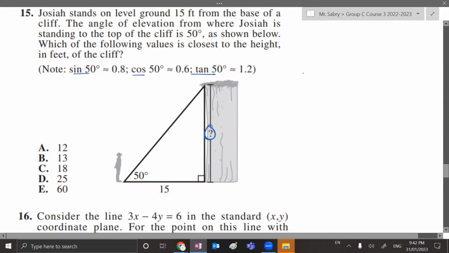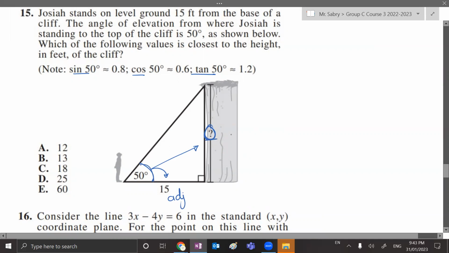I told you that before: whenever we have a right triangle and we're trying to link between angles and sides, then we have to use sine, cosine, and tan. So you ask yourself, what's the relationship between this angle given, 50, and the wanted, and the given as well, which is the 15? So the 15 is considered the adjacent to this angle.